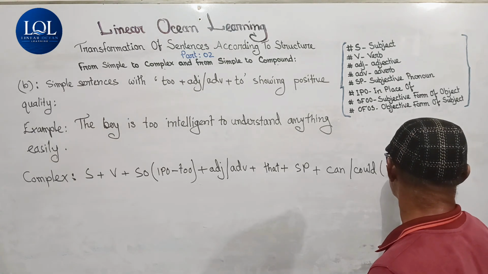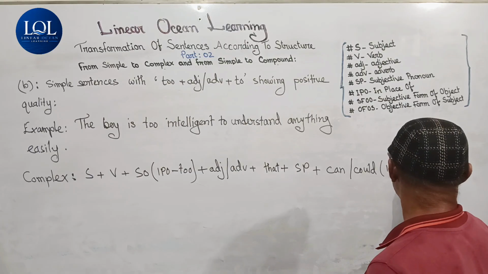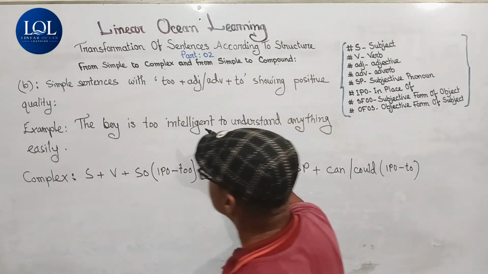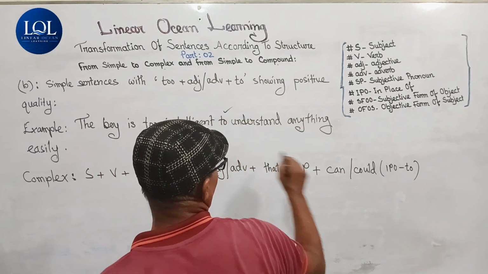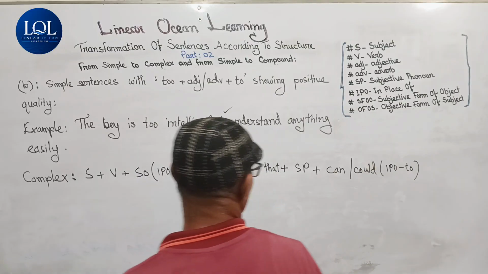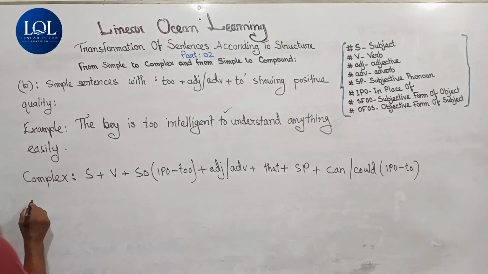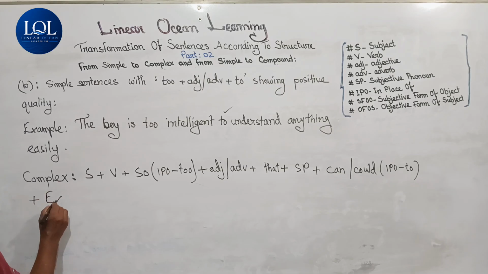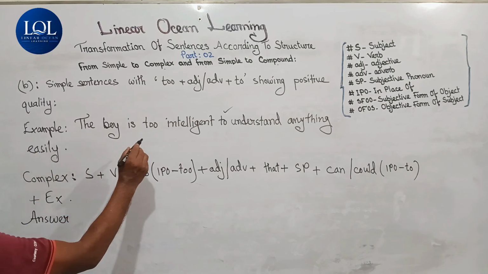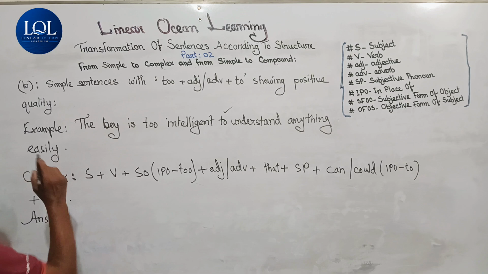IPO "to", that means in place of these two, we have to write "can" or "could", plus extension. Answer, that is the complex of "The boy is too intelligent to understand anything easily".